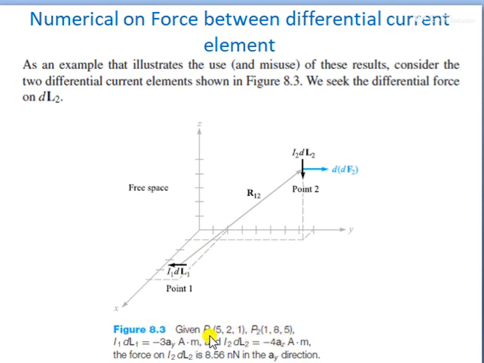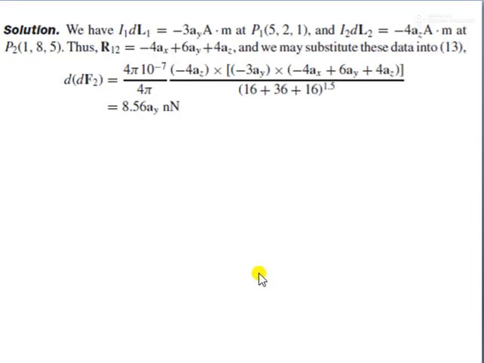Now we want to find the force on I2 dL2, which is 8.56 nanonewton in the aY direction. So we have I1 dL1 as minus 3 aY at P1 and I2 dL2 as minus 4 aZ at P2. R12 can be obtained from P1 and P2, which we already know.